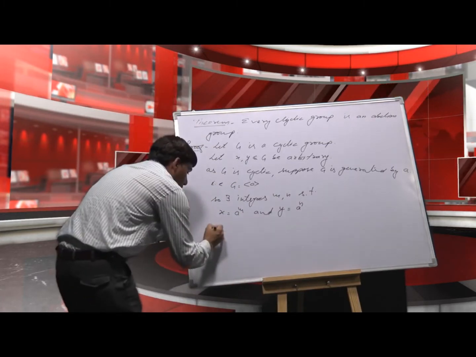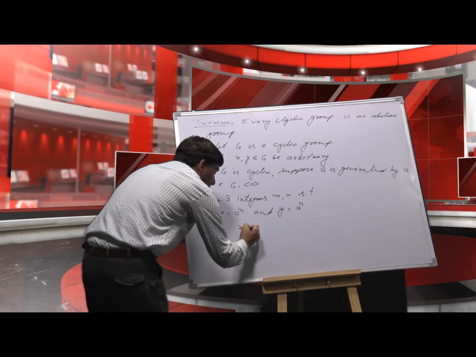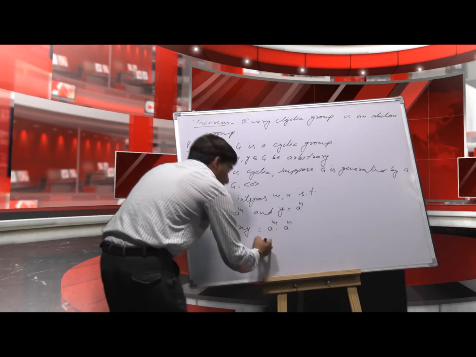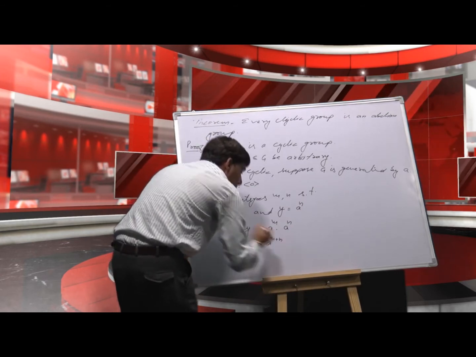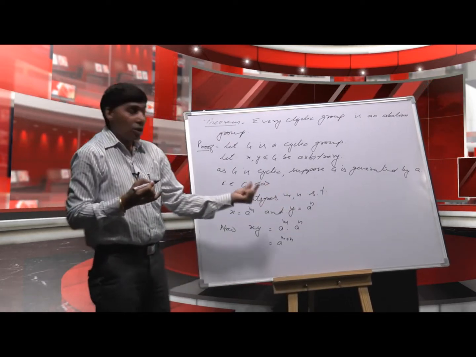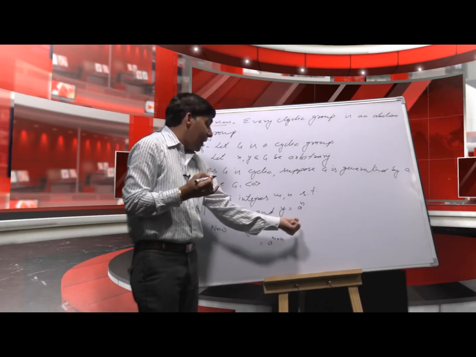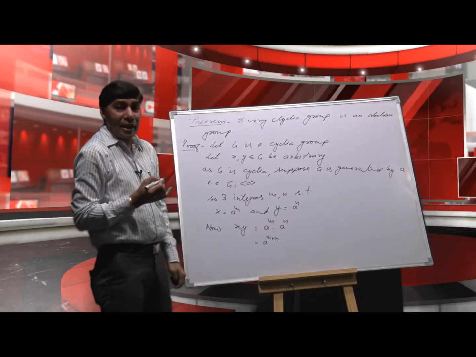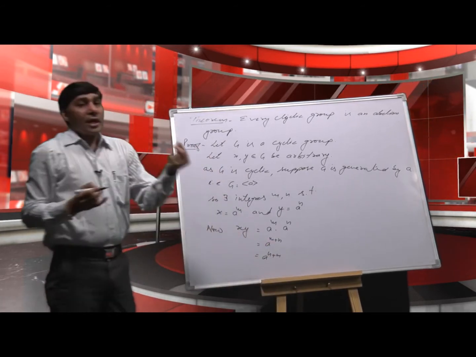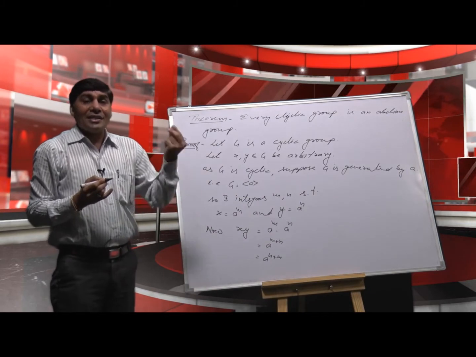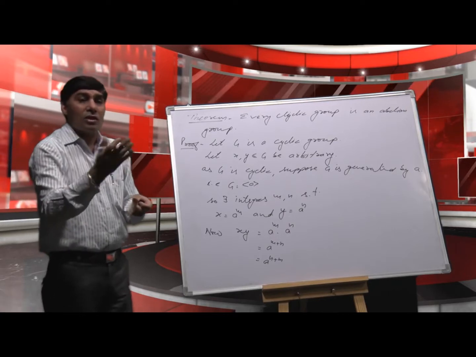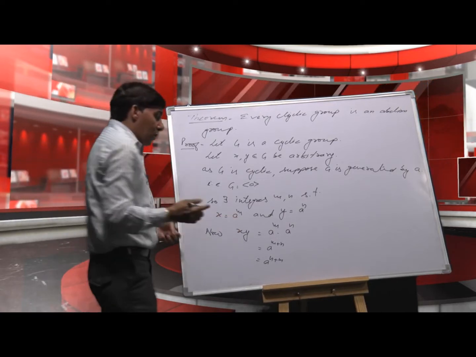Now x into y is equal to a^m into a^n, which is equal to a^(m+n). A very simple rule: when the bases are equal, the powers are added. So a^m into a^n is equal to a^(m+n). We can write it as a^(n+m), because m and n are integers and the integers form a group with respect to addition. Therefore we can write m+n is equal to n+m by the commutative property.